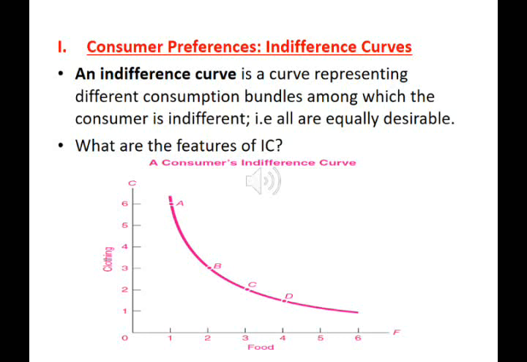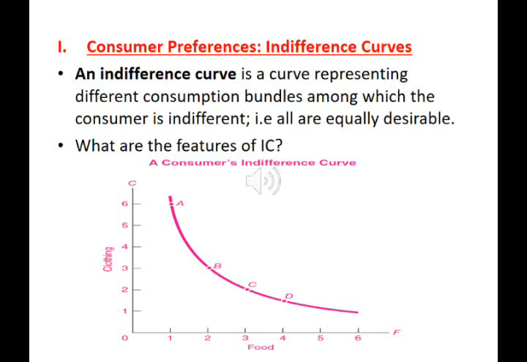So the scarcer a good, the greater its substitution value. What does this mean, and why is the substitution value of a scarce good higher?